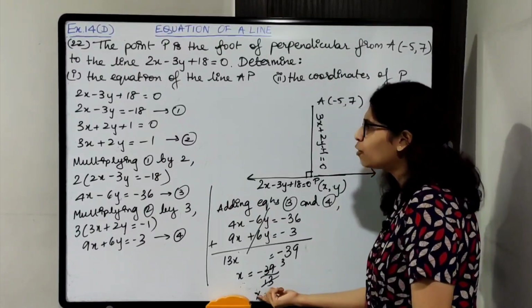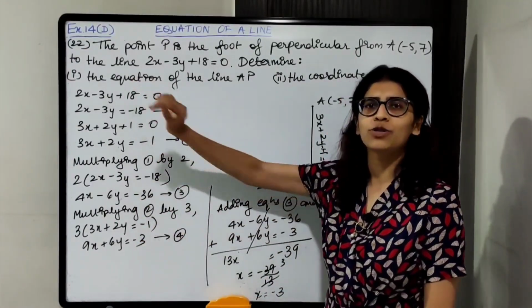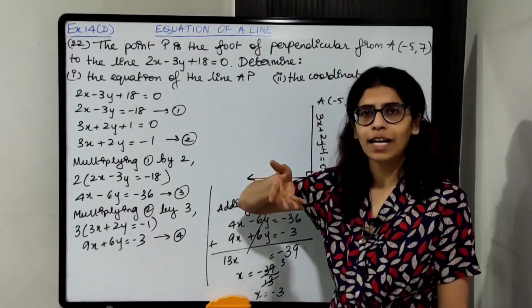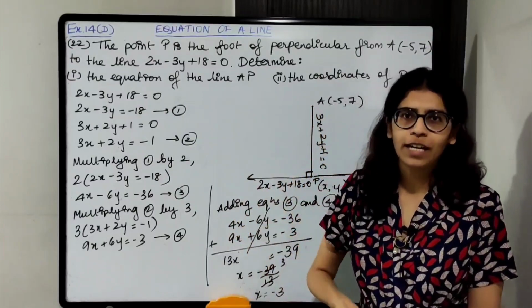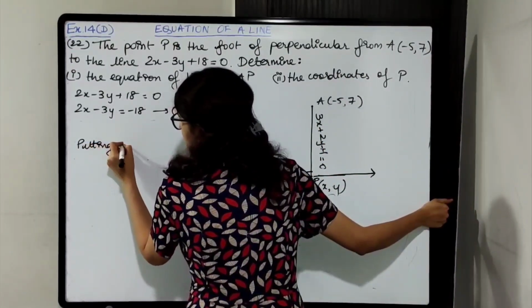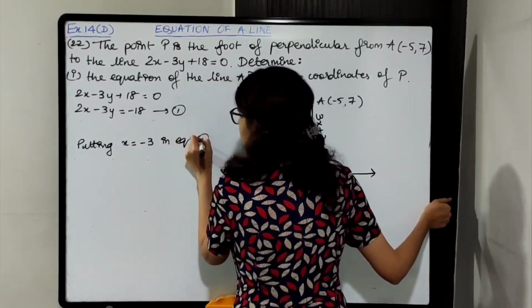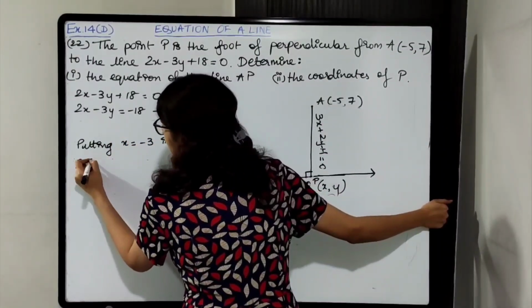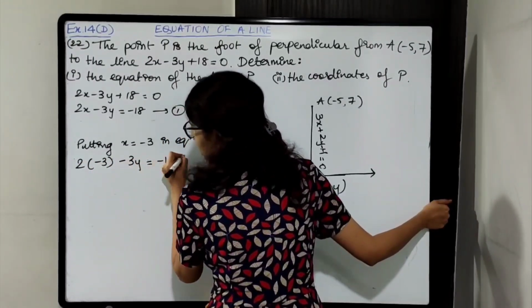Okay, x का value मिल गया. Now put the value of x in any one of the equations. Okay, चारों में से कोई भी एक equation में substitute करो, you will get y का value. So I'll put it in 1 and find out the value of y. Okay, so putting x equal to minus 3 in equation 1. 2 into minus 3 minus 3y equals to minus 18.